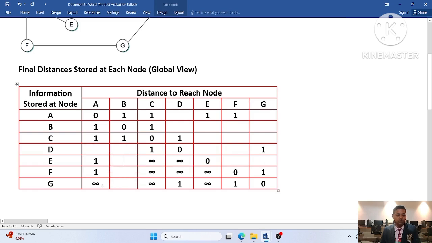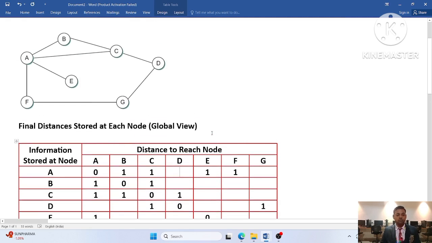While filling A's final routing table, we are going to calculate the final distances, the global view. For all the routers, we are going to calculate the final distances.